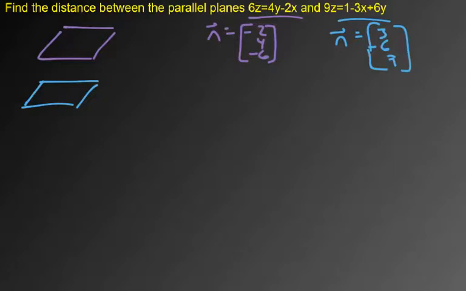And in the purple plane, because there's no term with just a number, there's just x, y, z, you could then take the point 0, 0, 0, which definitely is in that plane, right? Like 0 equals 0 is the idea. Then in the other plane, I think I will take, I'm just doing math in my head here.